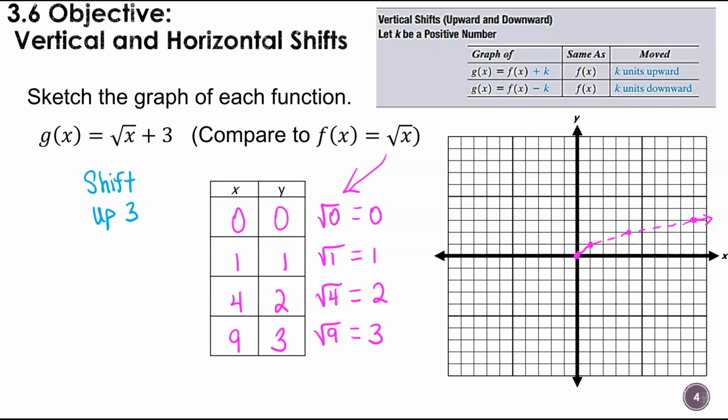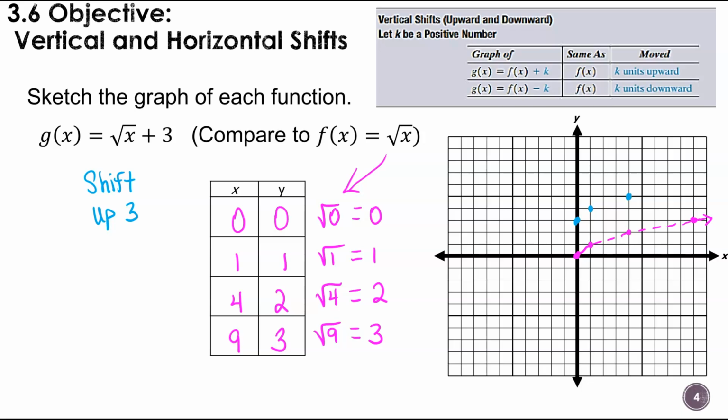All we have to do is count on our graph. So from our common graph, the original common graph, we're going to just shift all the points up 3. So we count 1, 2, 3, 1, 2, 3, 1, 2, 3.